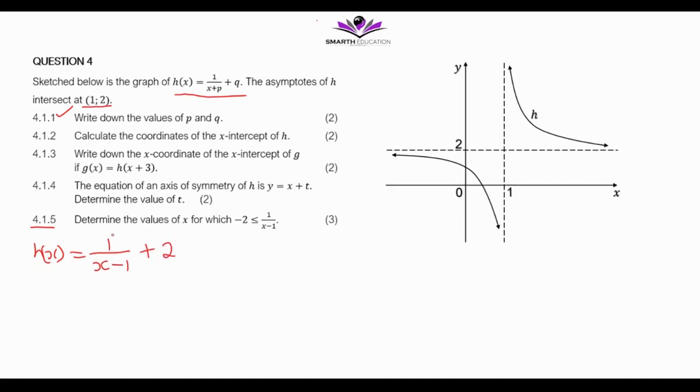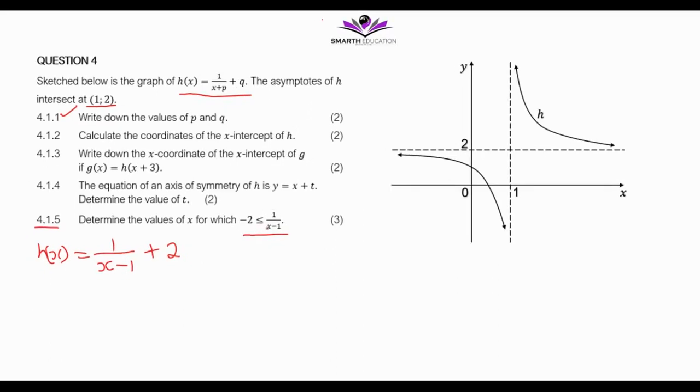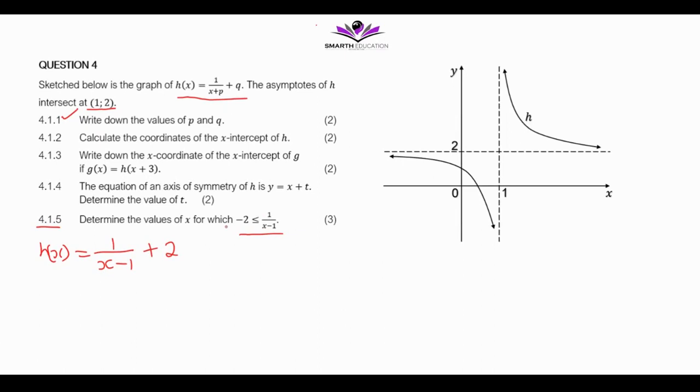So the question says, determine the values of x for which negative 2 is less than or equal to 1 over x minus 1.